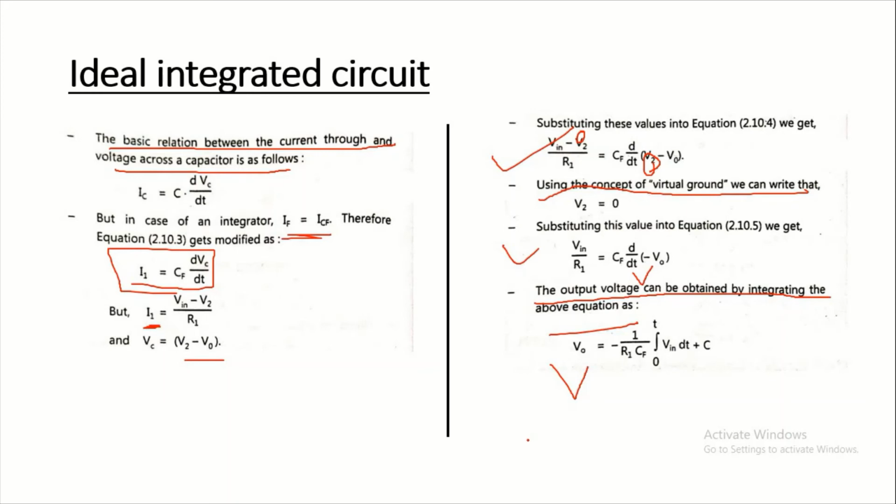This equation indicates that the output voltage is a negative integration of the input voltage. The negative sign is introduced due to the fact that the basic configuration used is the inverting amplifier. This circuit is therefore called an inverting integrator.